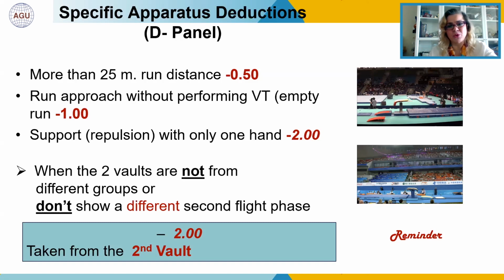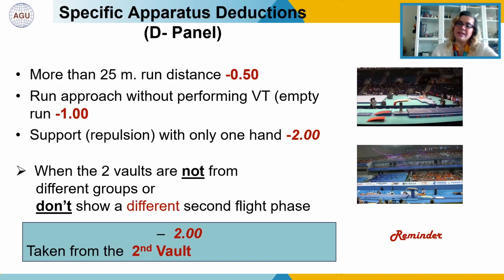Also, a run approach without performing a vault, which means an empty run, with no touch to the springboard or to the apparatus: the gymnast will receive a deduction of 1 point by the D panel from the final score. Later on, she can repeat. And also, if there is support in the repulsion phase with only one hand, there will be a deduction of 2 points by the D panel from the final score.